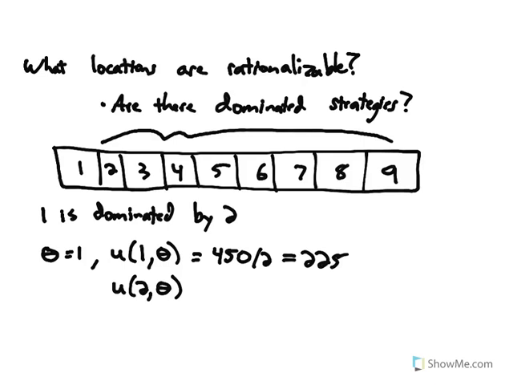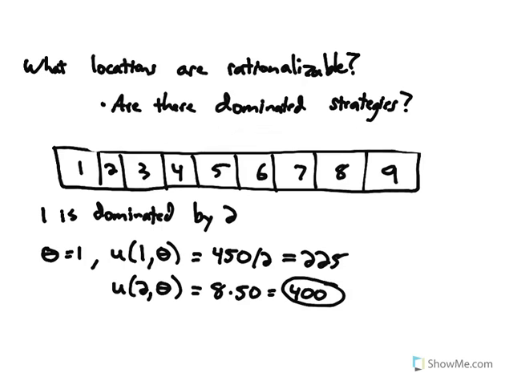So 8 blocks times 50 each. So she's going to get $400. And 400 beats 225, so 400 is the winner out of those two.